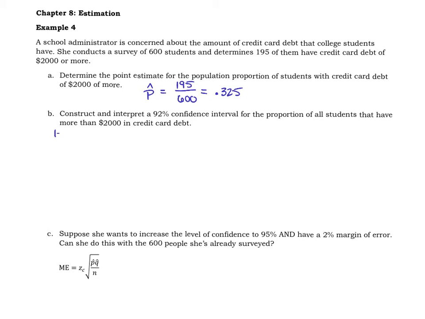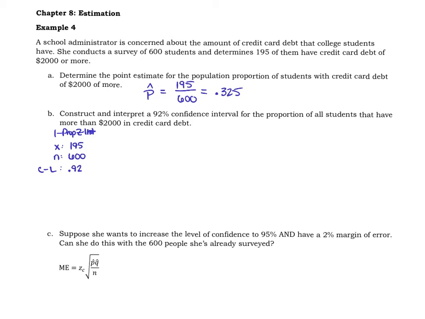So we're back to our one proportion Z interval test. We need the value of X, N, and then our confidence level. So X is those 195 students, N is the 600 students in the sample, and our confidence level in this case is 92%.